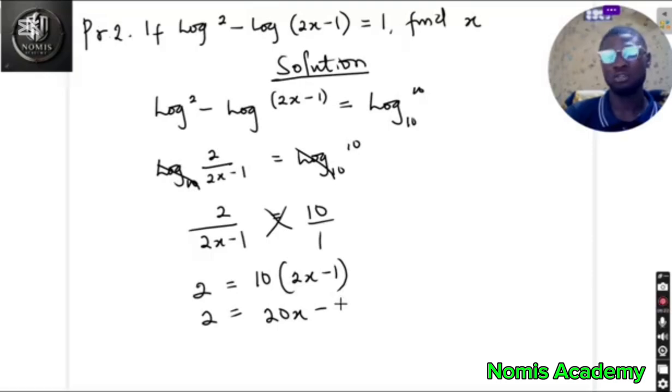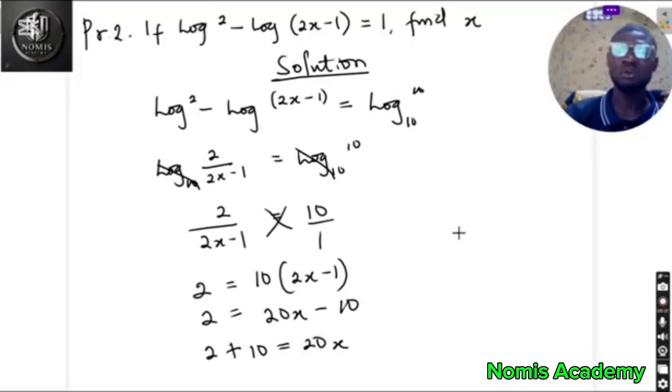We collect like terms so that minus 10 goes to the other side. So it becomes 2 plus 10 equals 20x, that is 12 equals 20x.